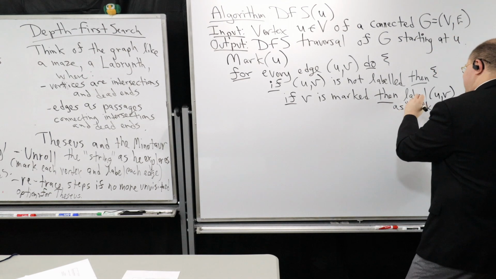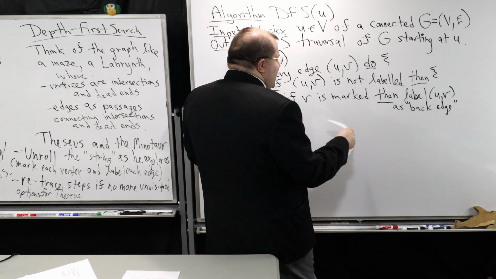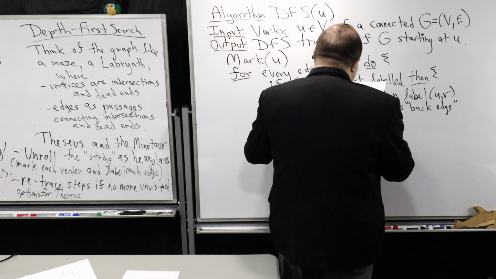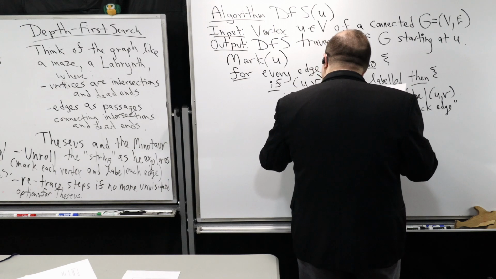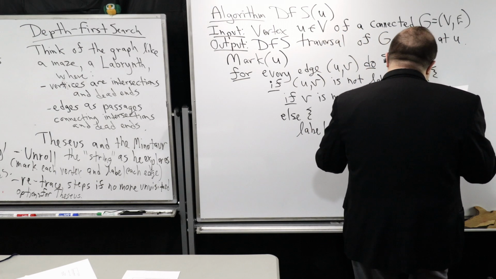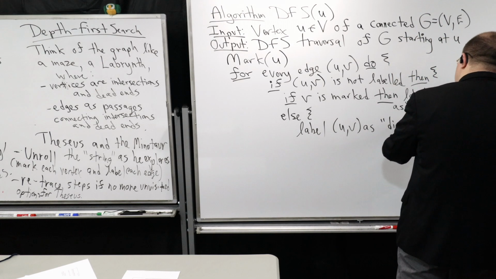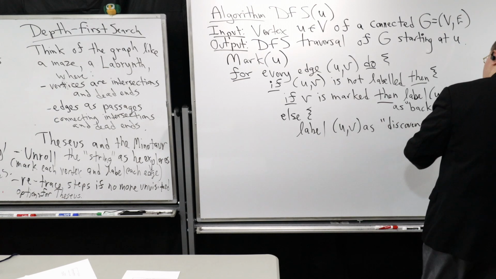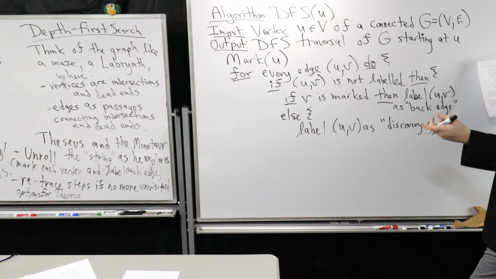For some reason my B looks like an H. Let's fix that. Label UV as back edge. Otherwise, we're going to label UV as a discovery edge, because now I have someplace I could go explore.